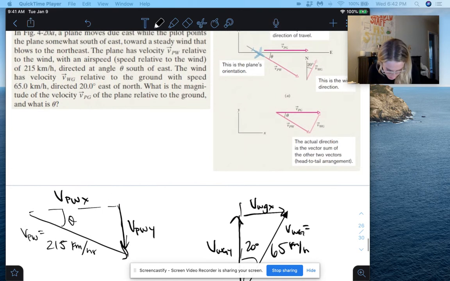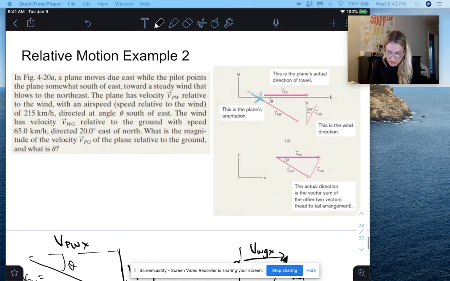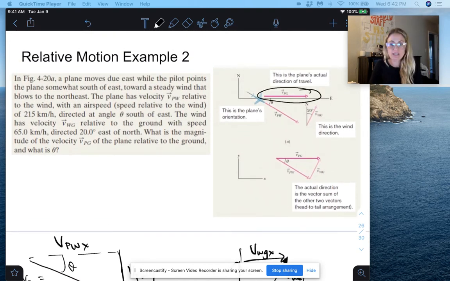So we want to know, what is the magnitude of the velocity of the plane relative to the ground, and what is theta? So first and foremost, do you see how our velocity of the plane relative to the ground only has an x component? So since it only has an x component, that means that our y components have to cancel out, right?